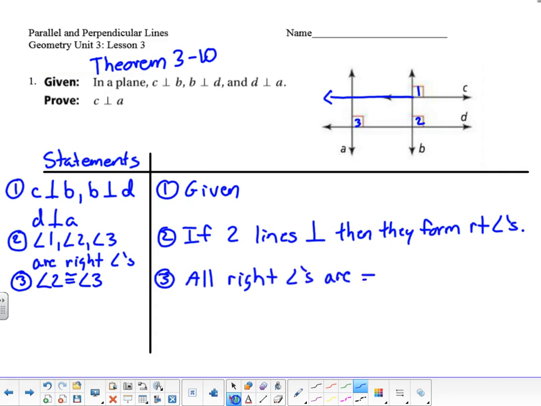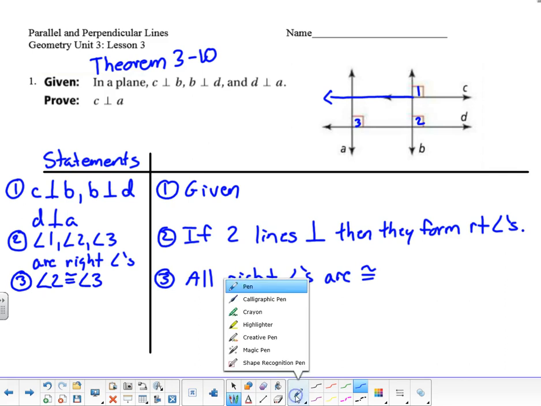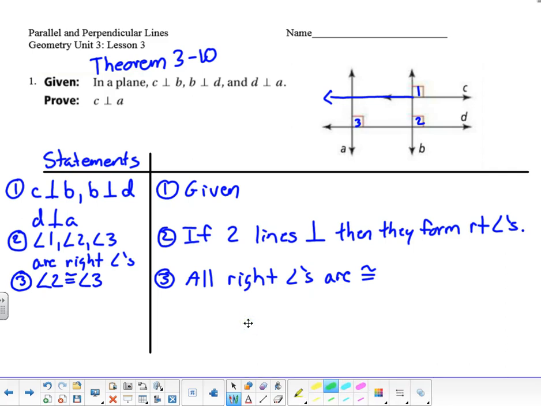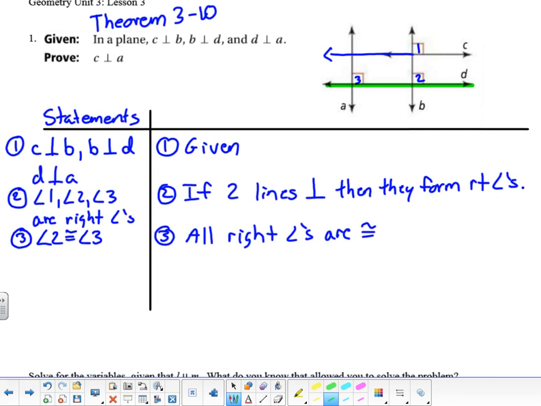Now, what we should see is D is essentially a transversal here, cutting across two lines, and what we've just proven in that scenario is that corresponding angles are congruent, and so we can say that A is going to be parallel to B. So step 4, we could say A is parallel to B.